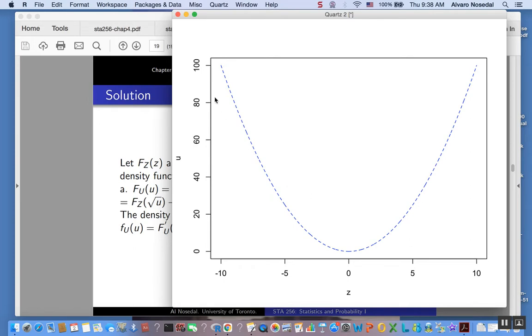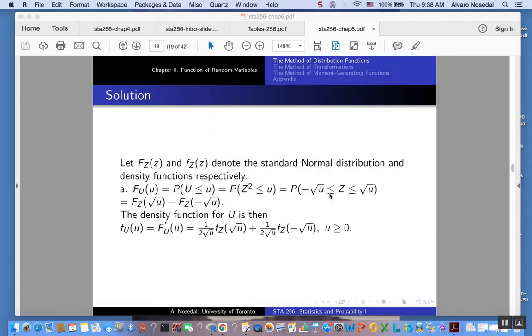Make sense? Okay. So we could express this probability in terms of the CDF of z.